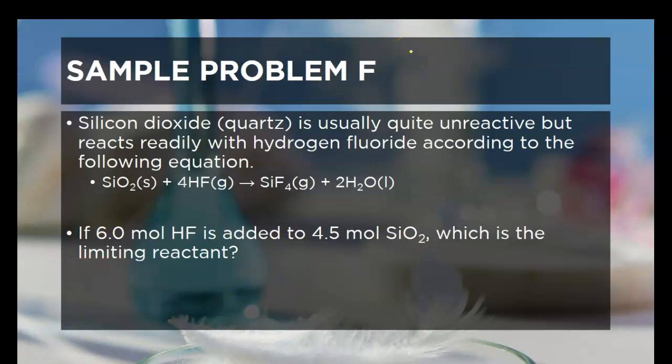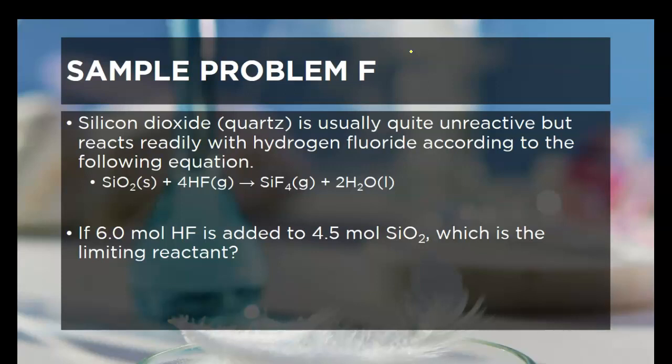So this is where I see the most confusion, I think, is the trickiness of finding the limiting reactant. That's why I was using the hot dog as an example, the grilled cheese. If I have silicon dioxide, it's usually quite unreactive, but it will react with hydrogen fluoride, hydrofluoric acid.